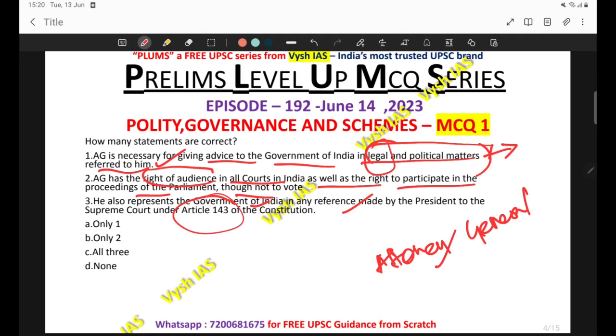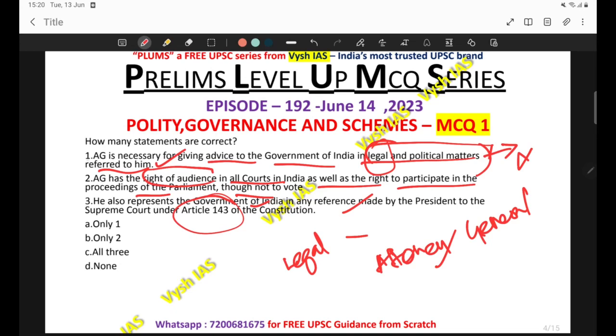The Attorney General is concerned with only legal matters, no political or international matters, nothing like that. Only matters which involve a question of law are taken by the Attorney General, and not political issues like boundary disputes, etc. So this is a false statement.